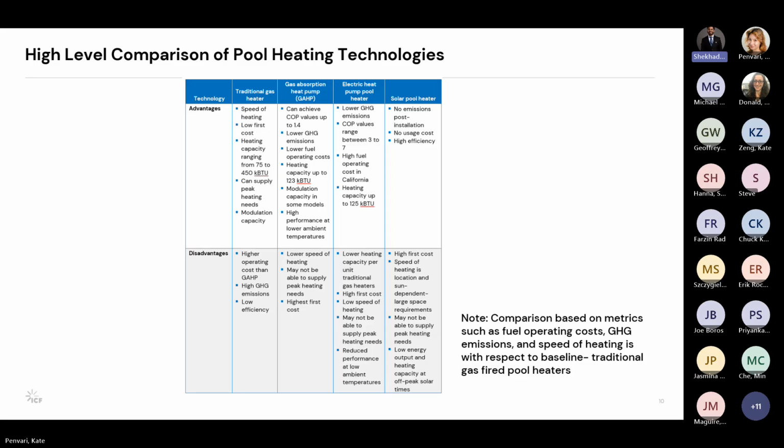Solar thermal pool heating utilizes solar radiation for heating water, and essentially it can be paired with any technology discussed before. Hybrid pool heater, the technology is not new, to be honest, but the uniqueness is the combination of heat pump and gas pool heater in one housing, and it has an integrated titanium heat exchanger.